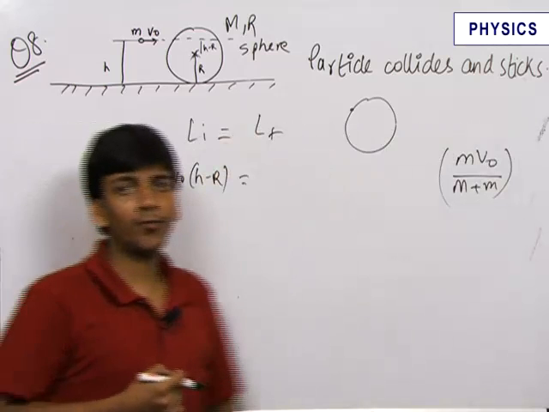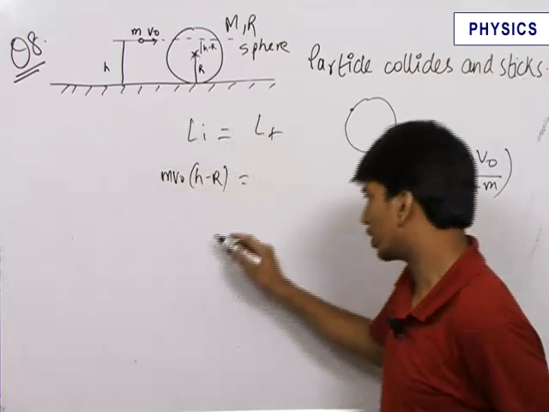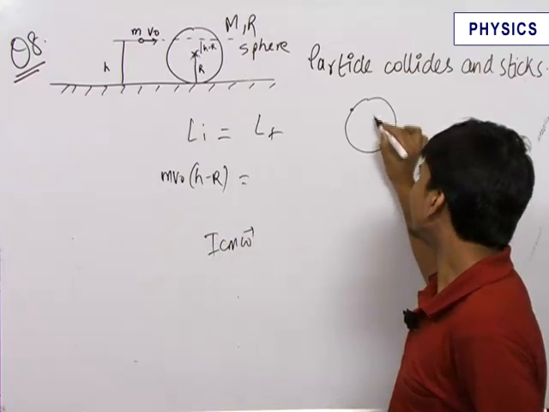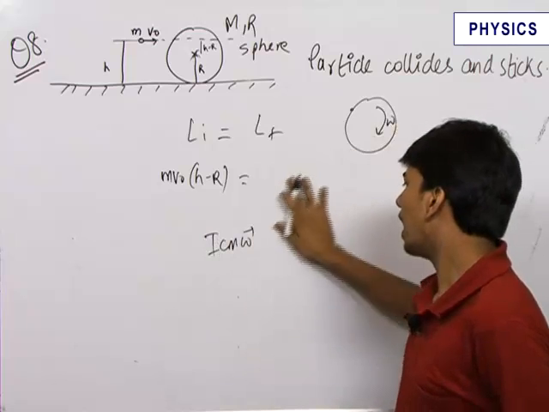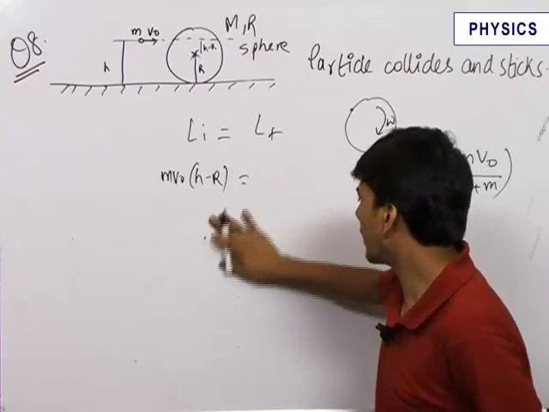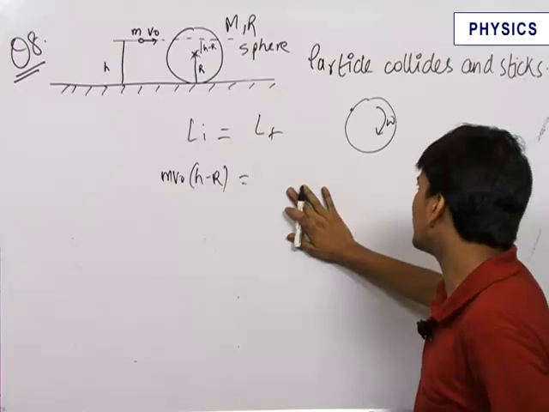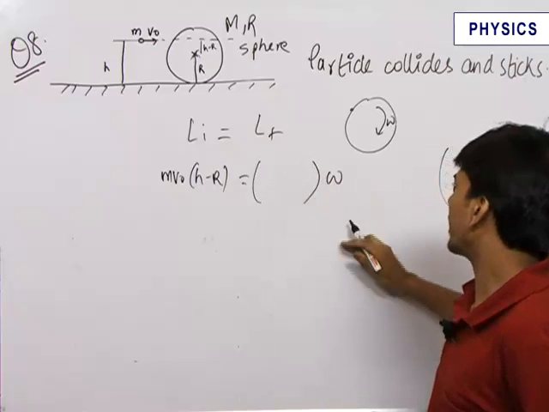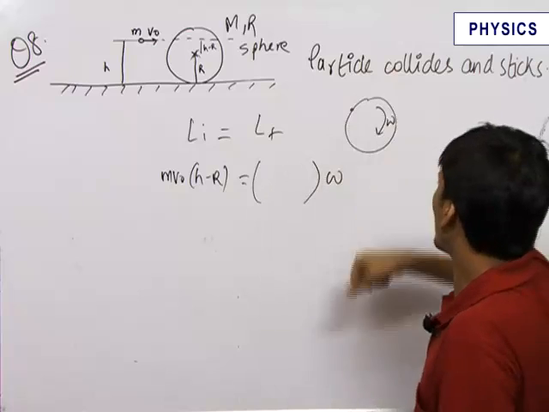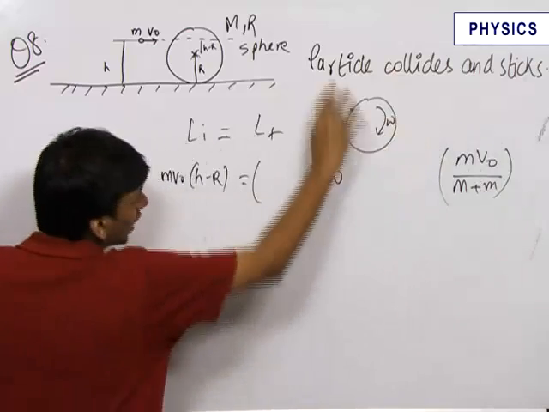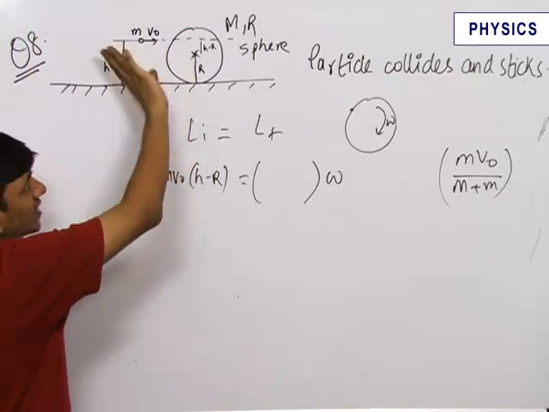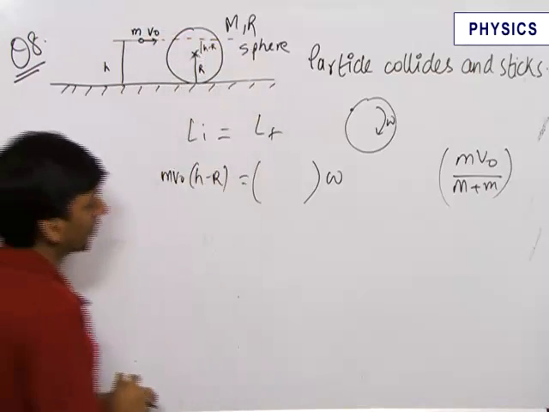Now we need to write down the final angular momentum of the system. We know the angular momentum of a system is equal to ICM into omega. Let the angular velocity developed in the object after collision be omega. So the angular momentum of the system is its moment of inertia into omega. We have assumed omega in the clockwise direction because this produces an angular momentum in the inside direction, which is the same as the angular momentum produced by the particle, that is inside.